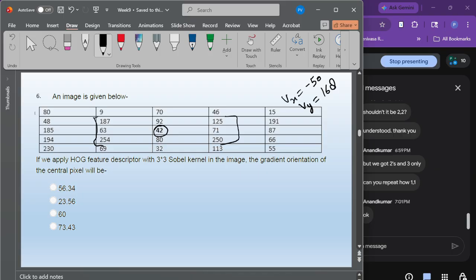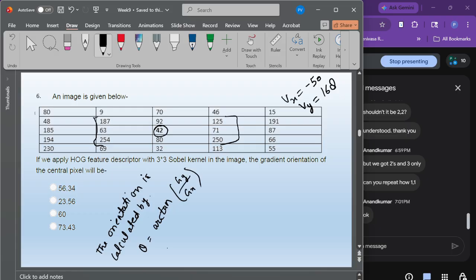So the orientation is calculated by, that is theta is equal to arc tan gy by gx, right? You can say that tan inverse, so gy, I can write Vy divided by Vx.